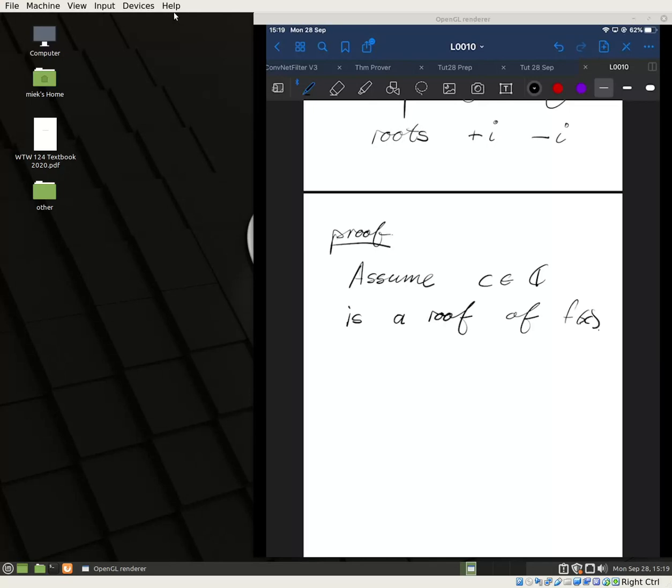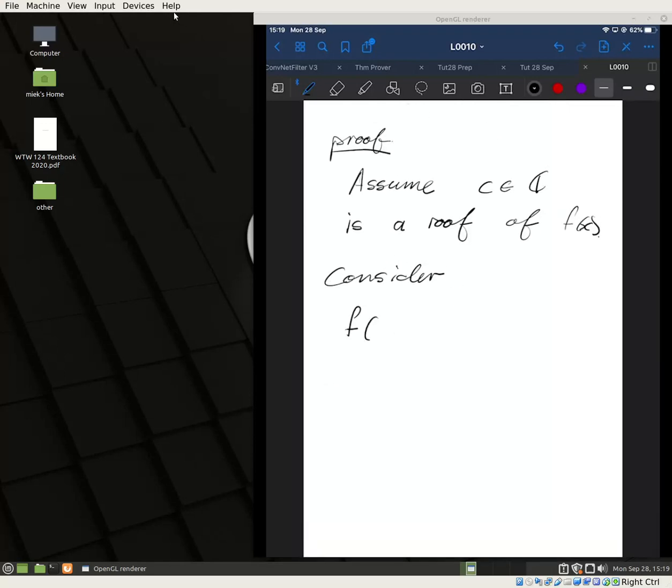Now we want to show that the complex conjugate is also a root, or in other words, when we substitute the complex conjugate into f, we get 0. So consider f of c bar.